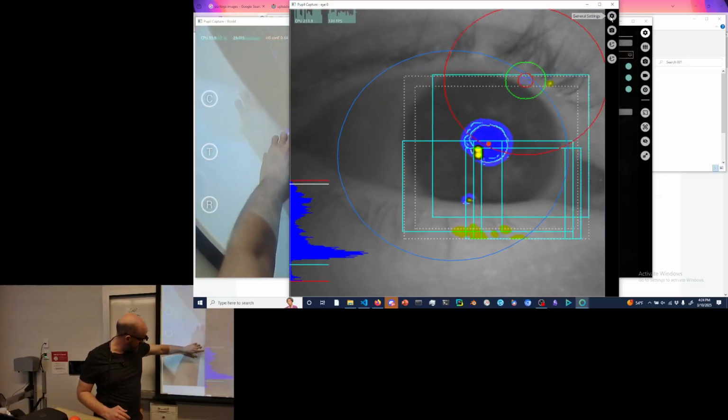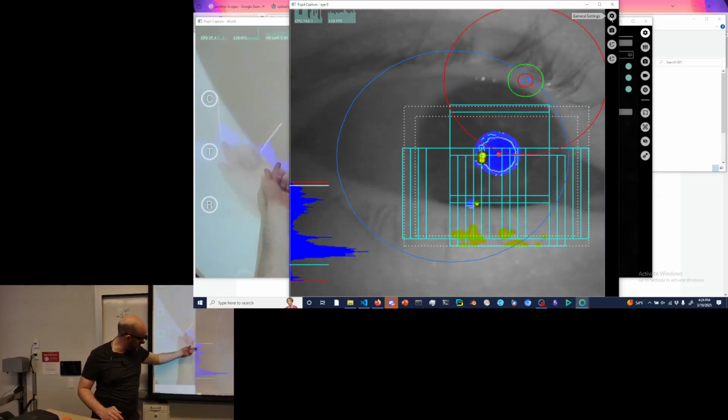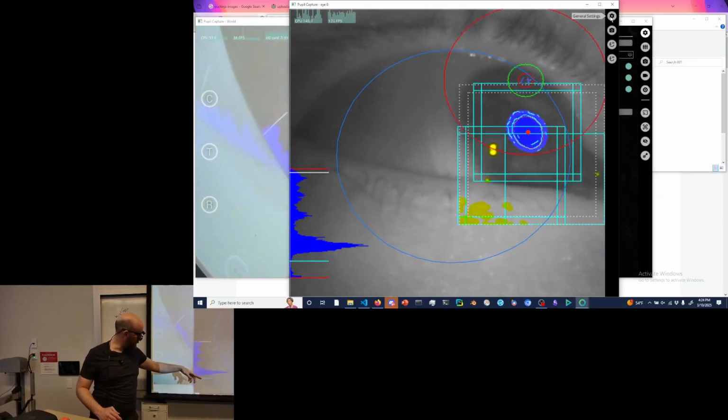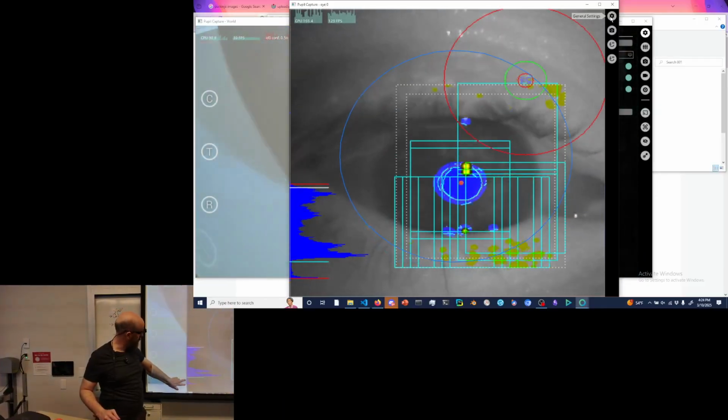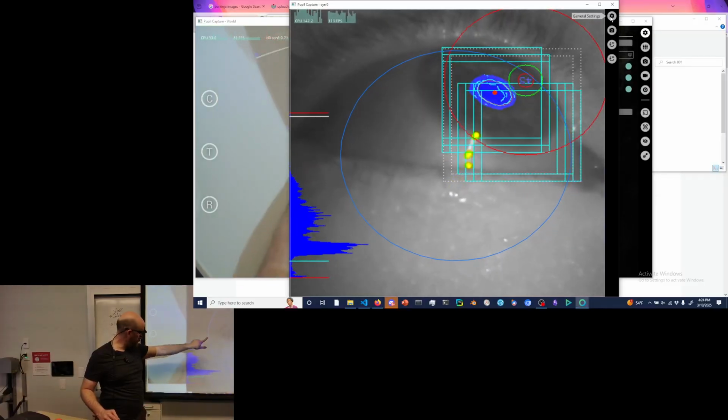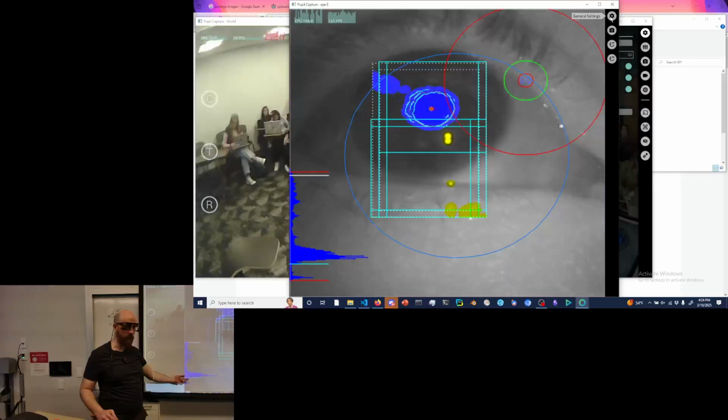This is a measure of the luminance of the pixels, brightest to darkest. I think the bottom is the darkest. The blue are the pixels that fall within this bottom range.